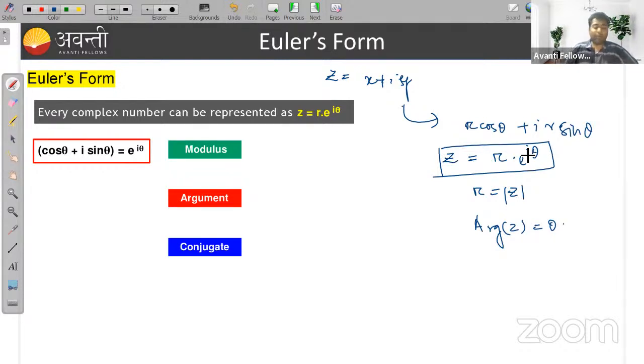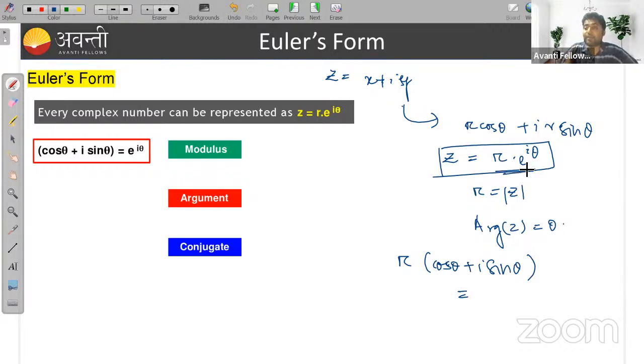I think all of you need the derivation of this formula, but it's very easy. You can put here r into cos theta plus i sin theta. If you put the expansion of cos theta and sin theta, finally you will get r into e to the power i theta.